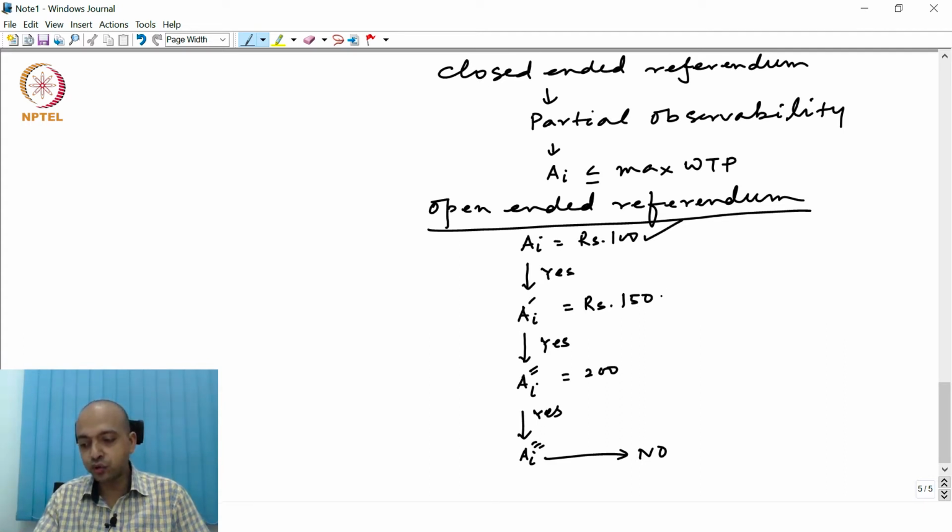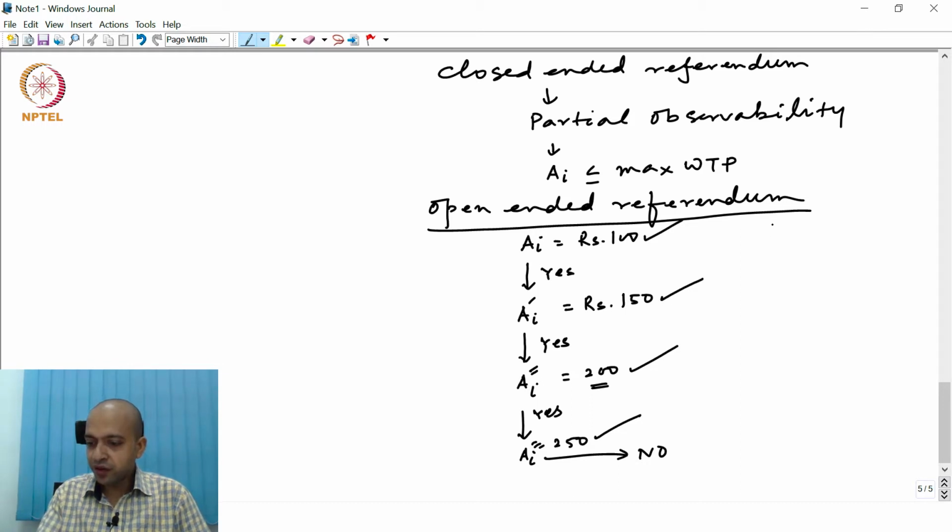I increase the value to 150, the respondent says yes. I increase the value to 200, the respondent says yes. I increase the value to 250 and the individual says no. So I will note down this 200 as his maximum willingness to pay.